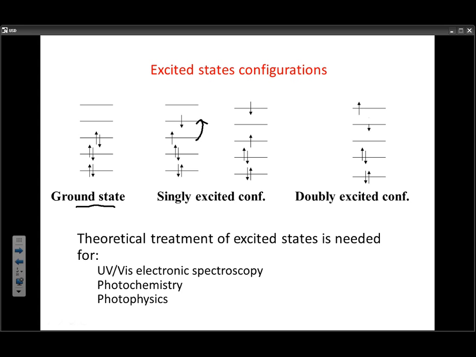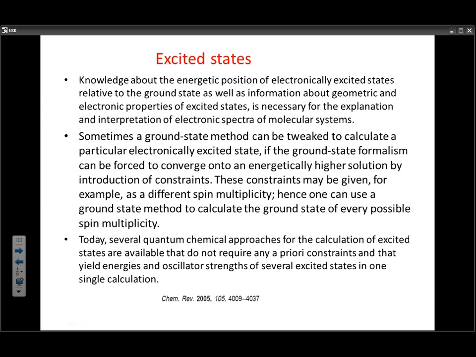In order to predict UV-visible electronic spectroscopy and to explore the problems in photochemistry and photophysics, theoretically we need to treat the excited states. Here are some sentences taken from a review of calculation of excited states.